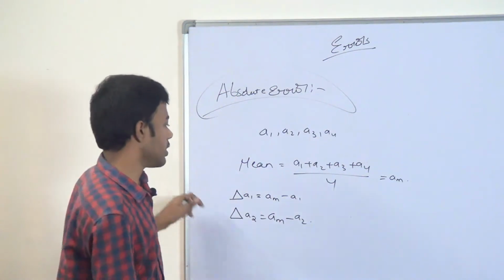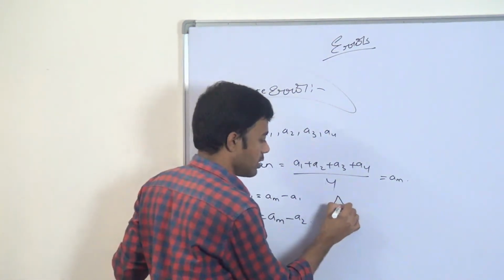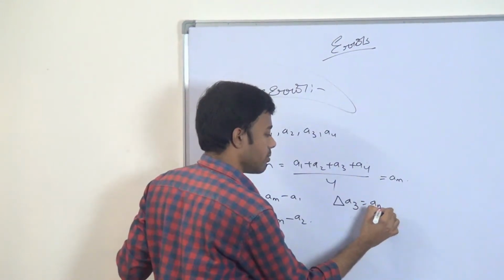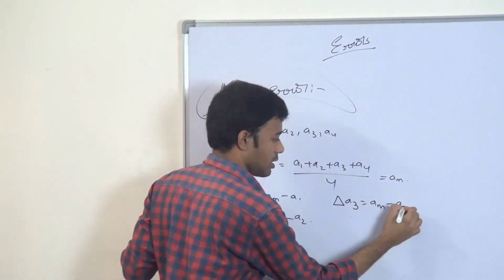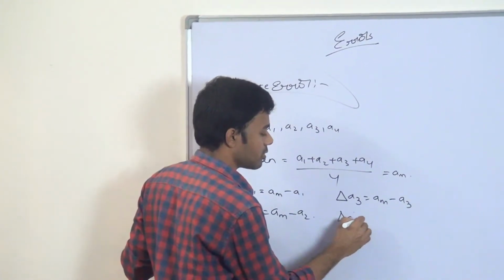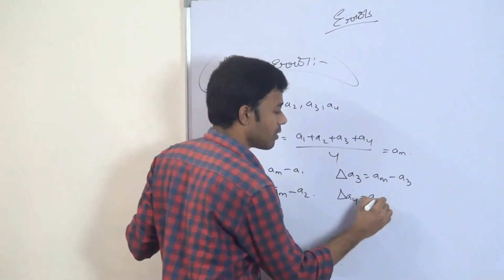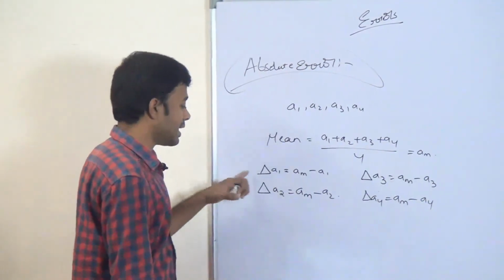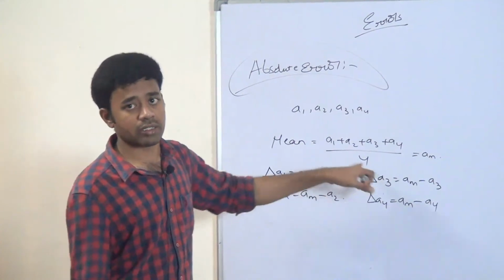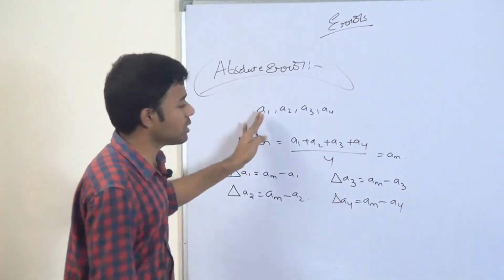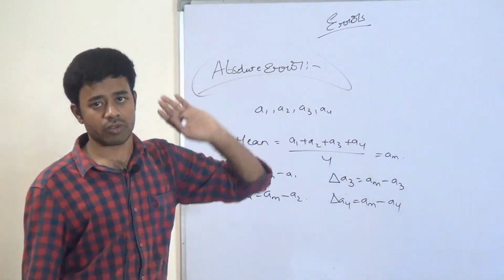In this way, we find the absolute errors of each calculated value. Mean minus A3 gives the absolute error for A3, and the absolute error for A4 is the mean value minus A4. So delta A1, delta A2, delta A3, delta A4 are the absolute errors for the values A1, A2, A3 and A4.